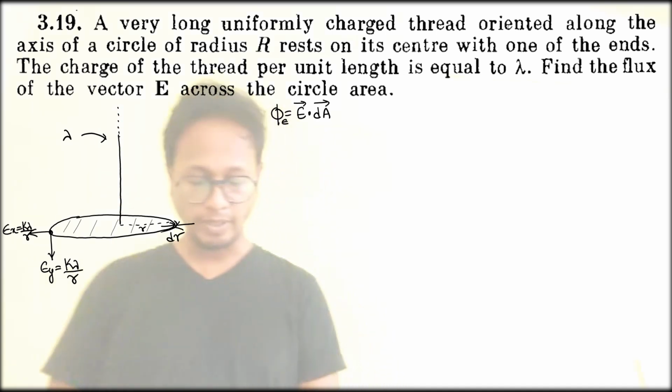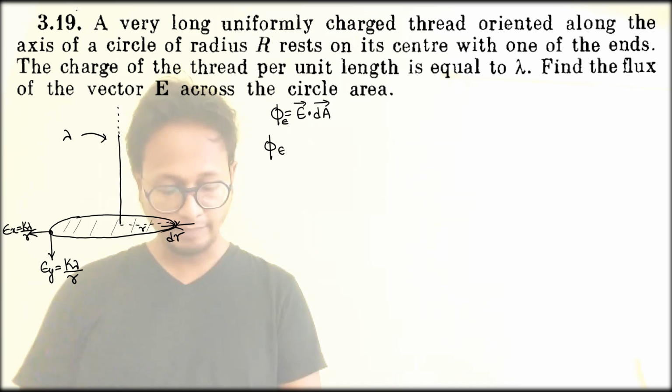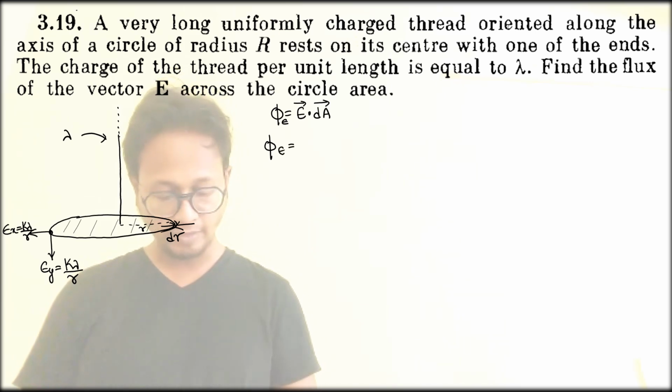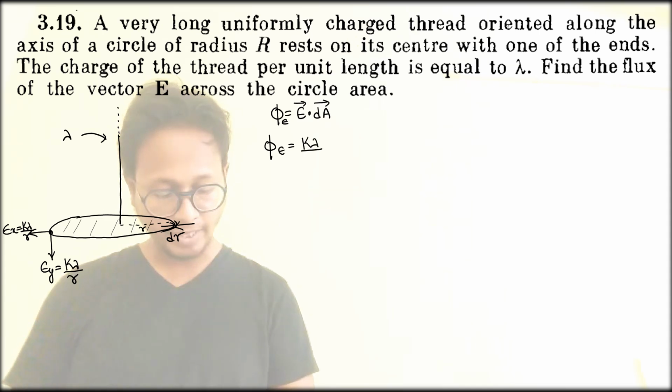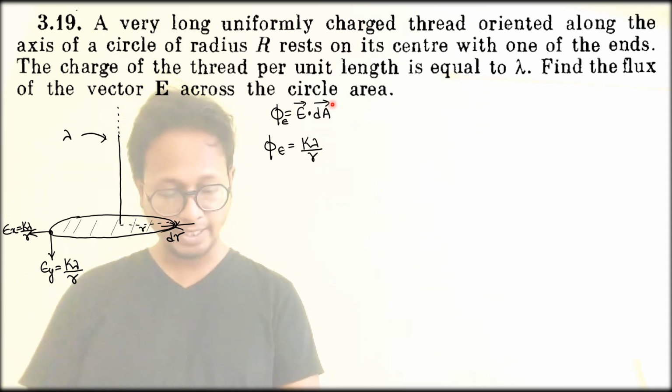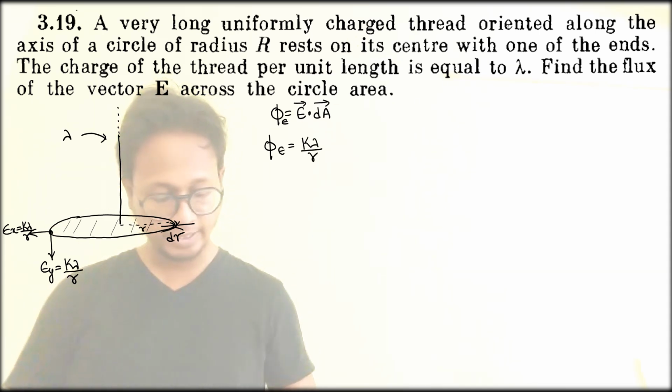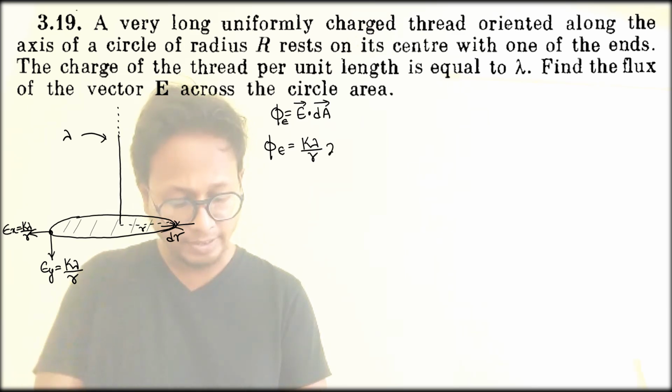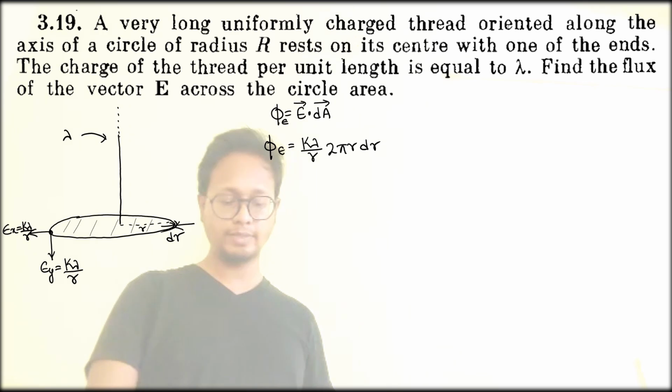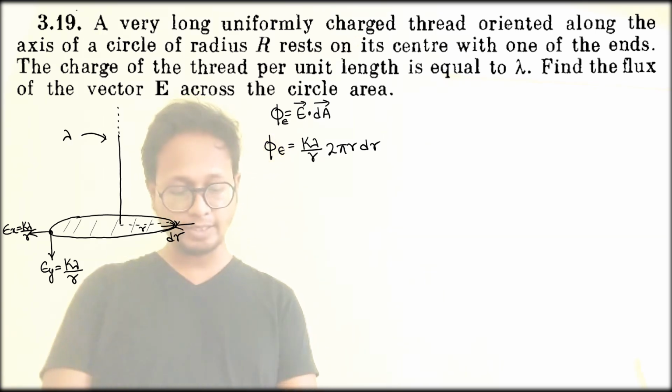So my question is, electric flux is nothing but, what is the value of electric field? k lambda by r. And what is the elemental area of the ring? The elemental area of the ring is nothing but 2 pi r into dr, isn't it? So this is the flux.